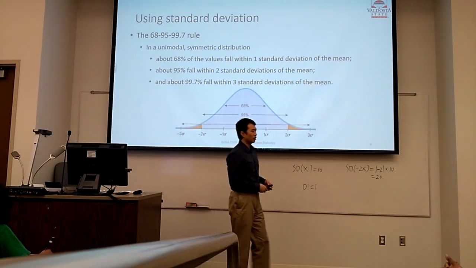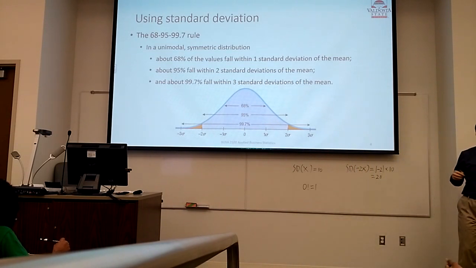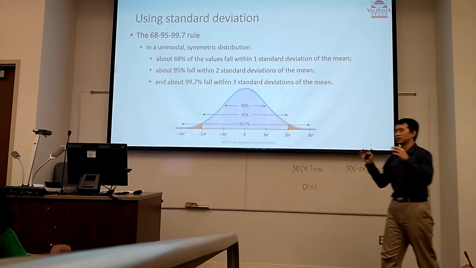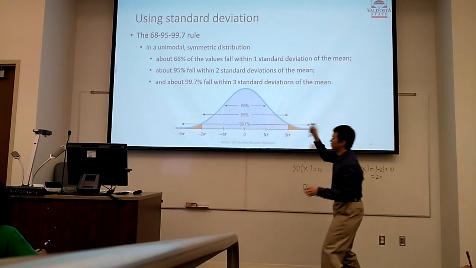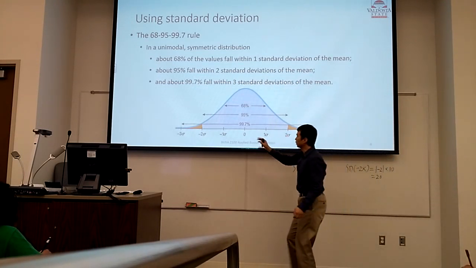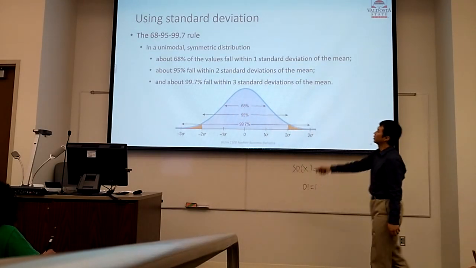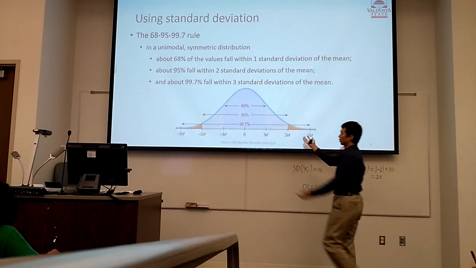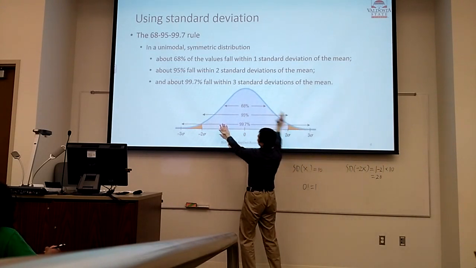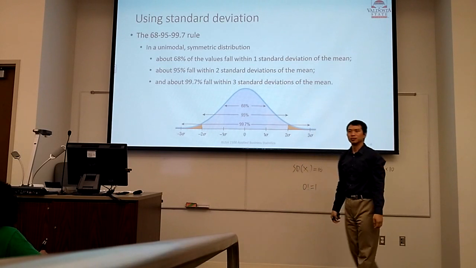In this chapter, most of the time we will deal with this kind of distribution. This is unimodal, and you have one bump. And it is symmetric: if you fold this picture here, you will have the mirror image.